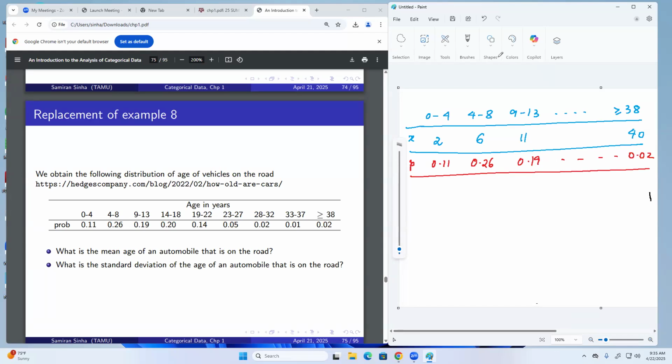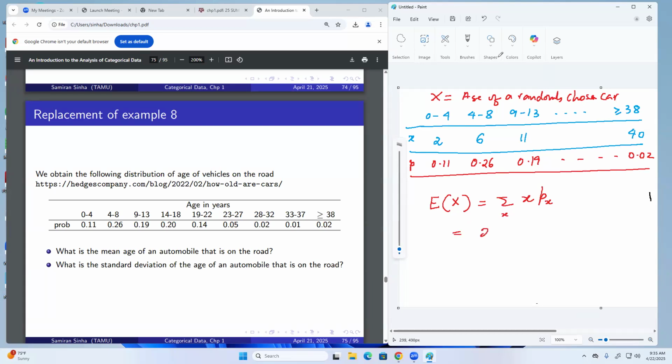Mean calculation in this case is the expectation of the random variable. What is x? X is the age of a randomly chosen car. We want to calculate the expected value of the age, which will be x times the corresponding probability p of x, summed over possible values of x.